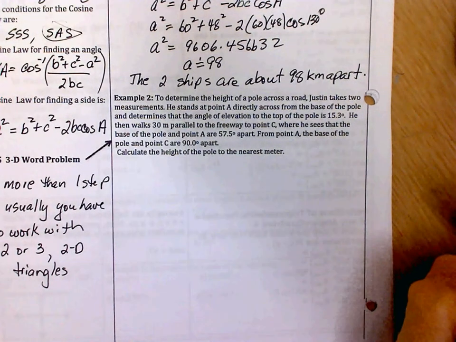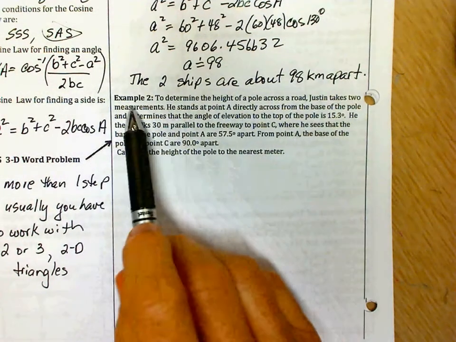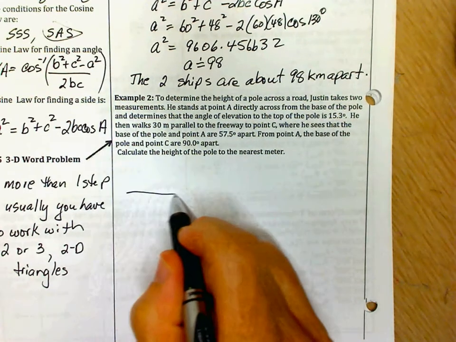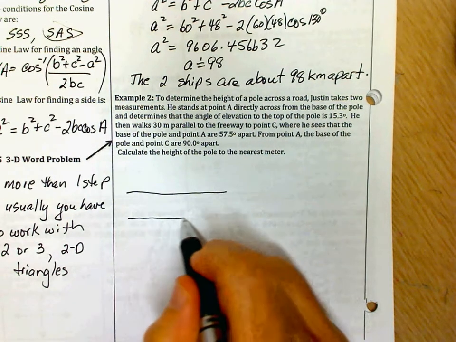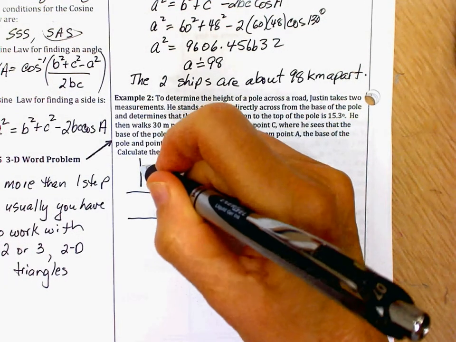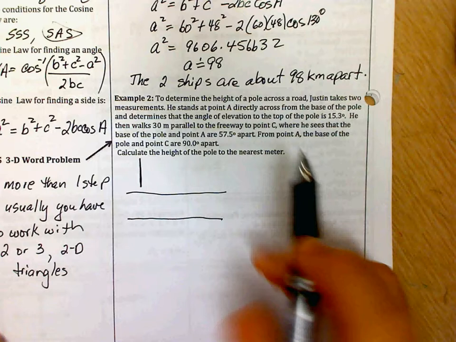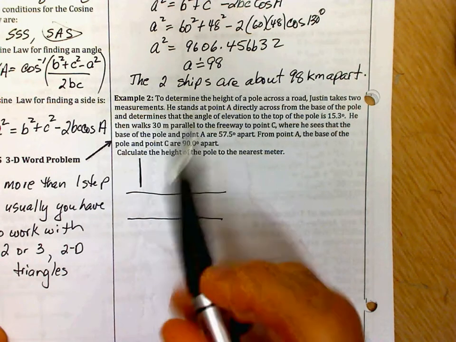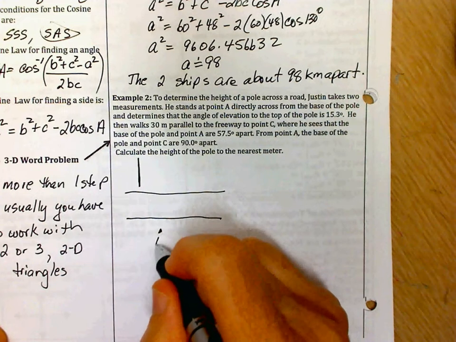To determine the height of a pole across the road, so let's just draw our road, and there's a pole here. Justin takes two measurements. He stands at point A directly across.